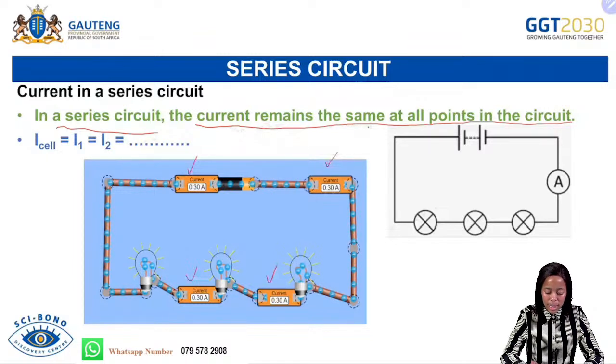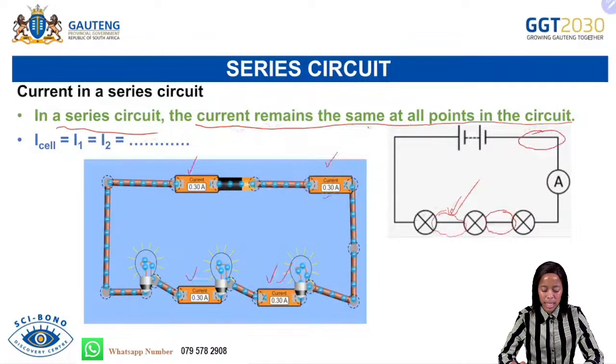So you will see that if you take a reading of the current at this point, the current is reading 0.3 ampere. If you take a reading in between the light bulbs, the current is reading 0.3 ampere. If you take a reading there, because it's a series circuit, the current is still reading 0.3 ampere.